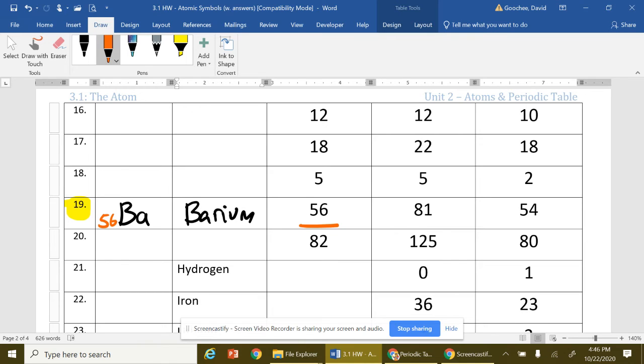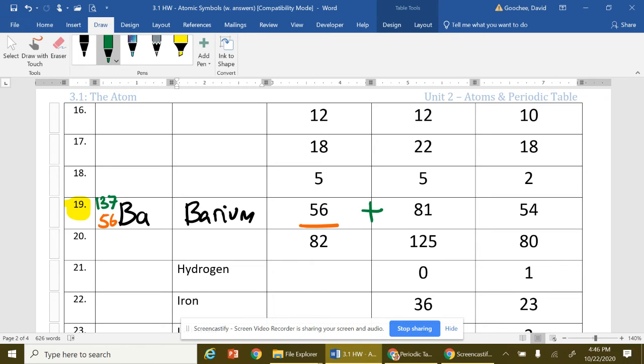Next up, what is the mass number, the one in the upper left? Well, it's equal to the protons plus the neutrons. So 56 plus 81 equals 137. So the mass number is 137.